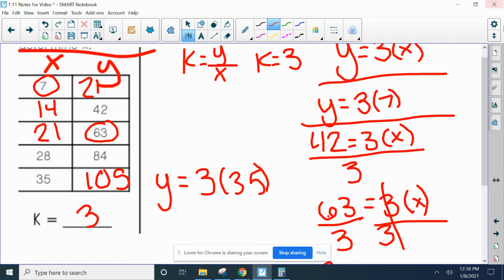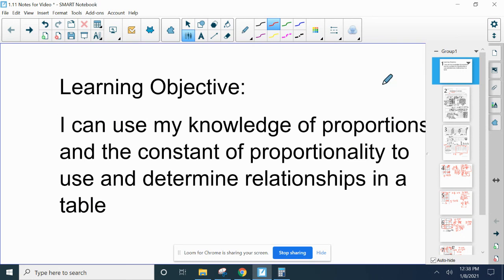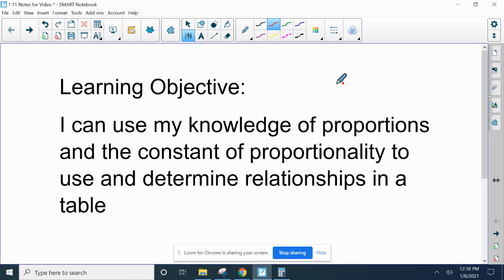Awesome. So let's go back to our learning objective. So in our part that says summarize today's lesson, think about our objective. How do you find that constant of proportionality? How do you use it to find missing data in a table? How do you turn a fraction constant of proportionality into a decimal?